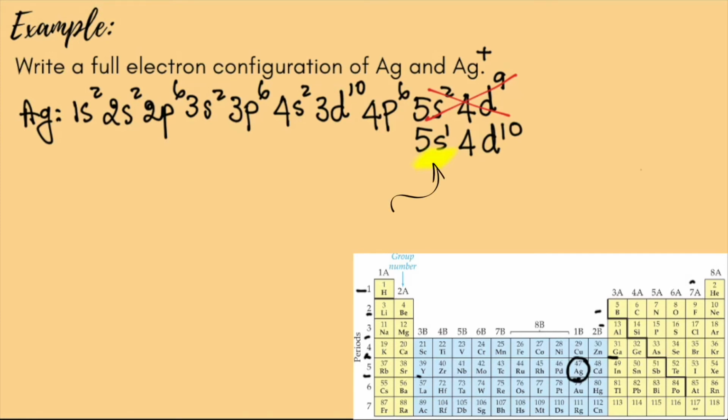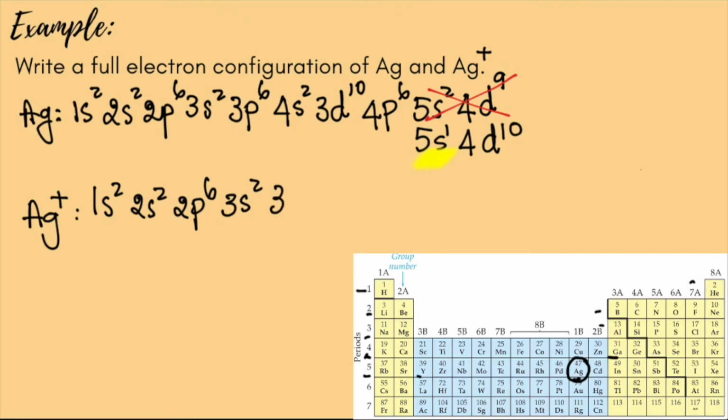Losing one electron, we would have 1s2, 2s2, 2p6, 3s2, 3p6, 4s2, 3d10, 4p6, and then you can write 5s0, or you don't have to, and then 4d10. So this is the right electron configuration of silver and silver plus.